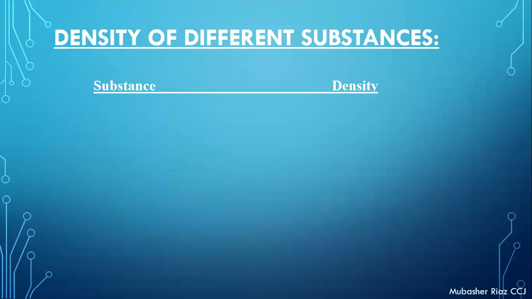Now there are densities of different substances. Density of air is 1.29 kilograms per cubic meter. Density of pure water is 1000 kg per cubic meter. Density of sea water is 1025 kilograms per cubic meter. There is a slight difference between the density of sea water and pure water. In case of mercury, it is 13,600 kilograms per cubic meter.